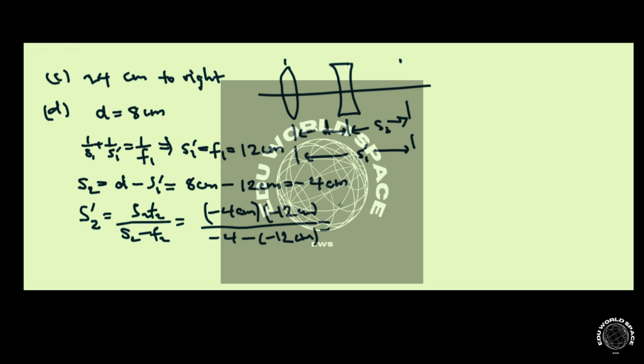And that's 48 centimeters squared divided by minus 8 centimeters... which gives us 6 centimeters to the right. And you'll see that the answers we've gotten here for the final image correspond to the figures that were referenced at the beginning of the problem.